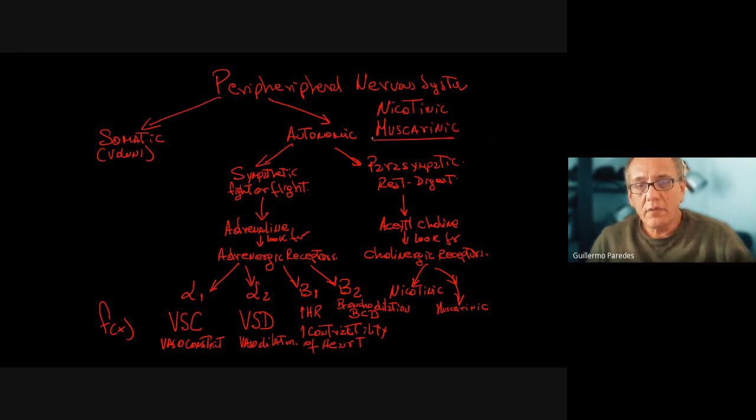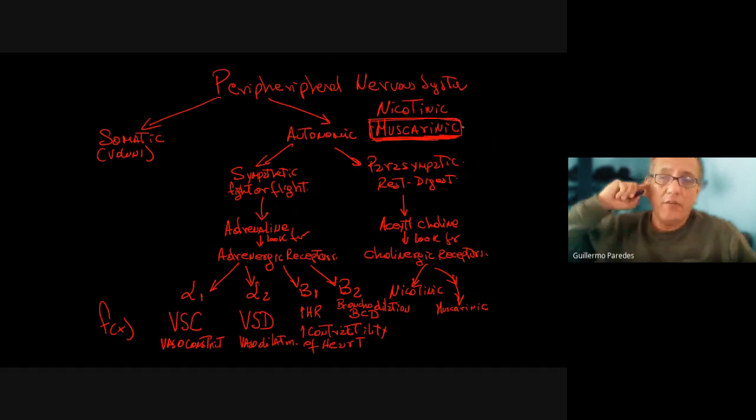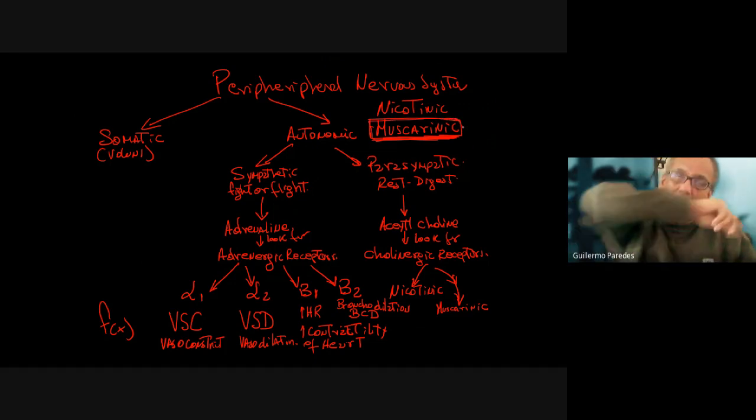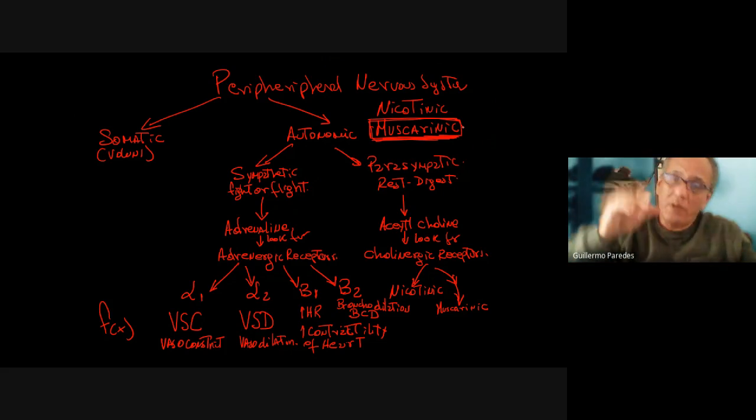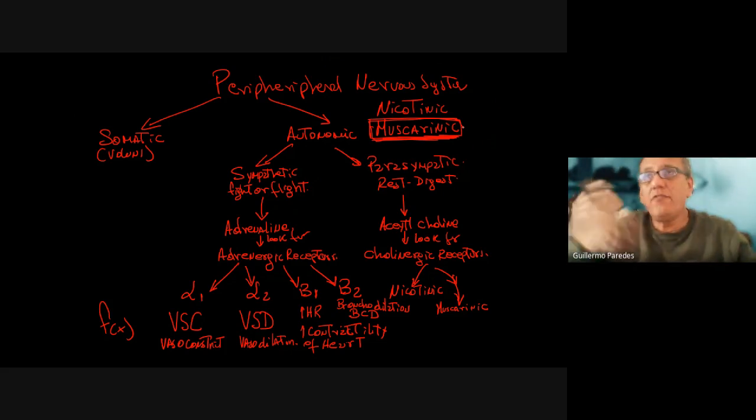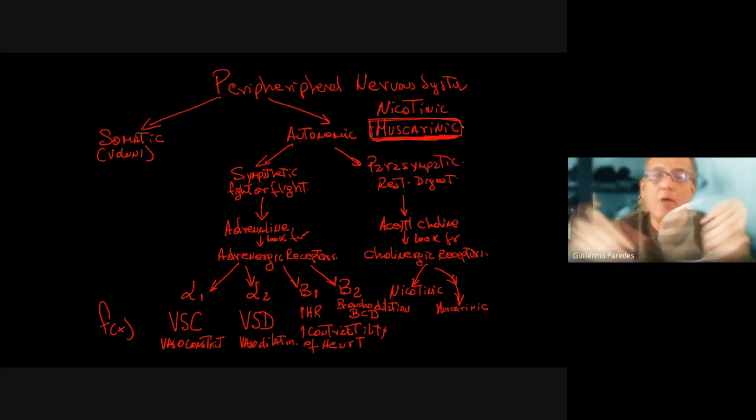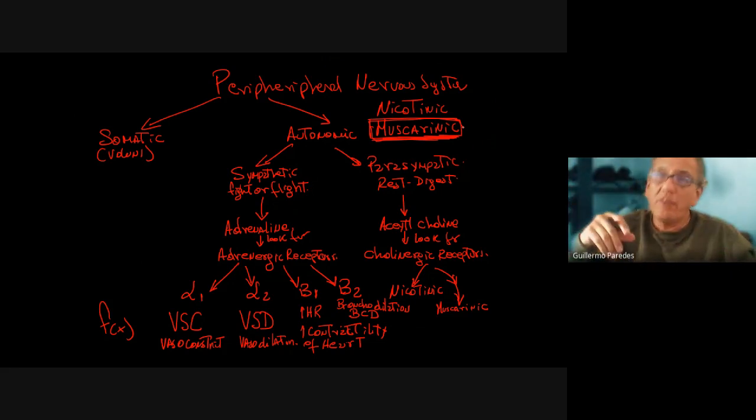Question for NCLEX: the effect that we are looking for is the muscarinic. That is the effect that we want to have mostly. Nicotinic is very difficult, it has a long-term effect. The muscarinic, you can manage more easily.